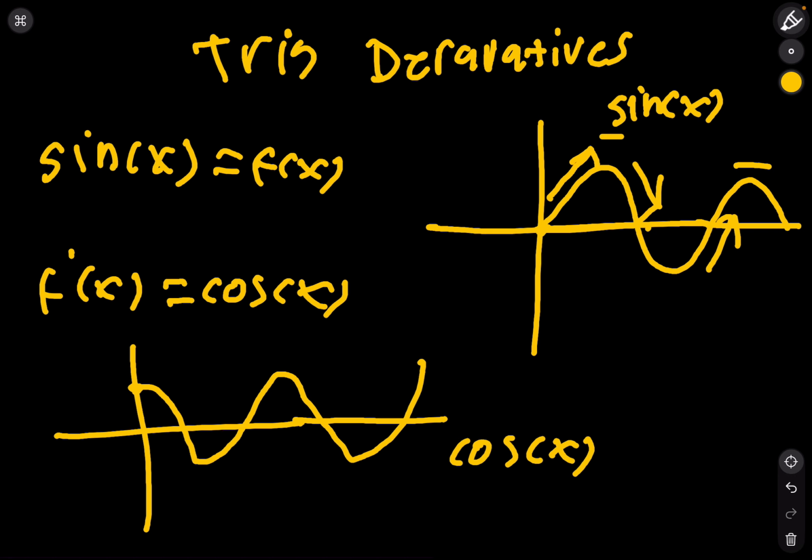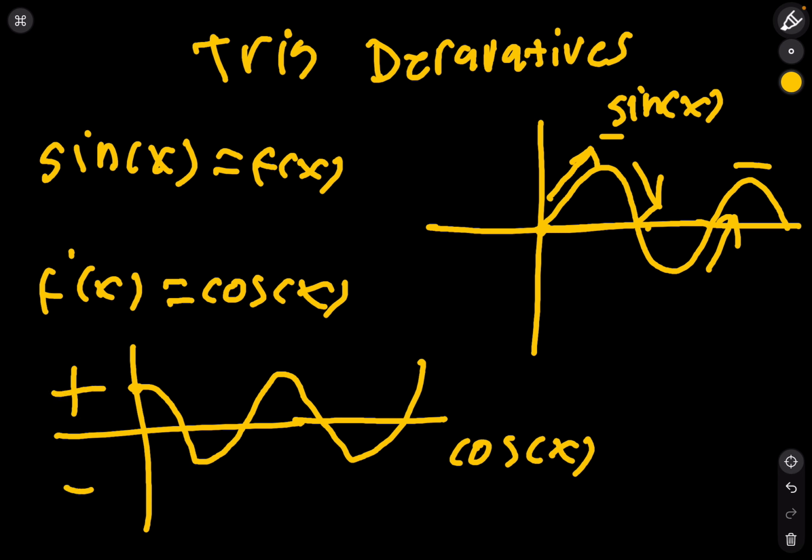We know that when the slope is increasing, it means that it's positive slope. So we look at the top of the x-axis to mean that this is positive slope and this is negative slope.